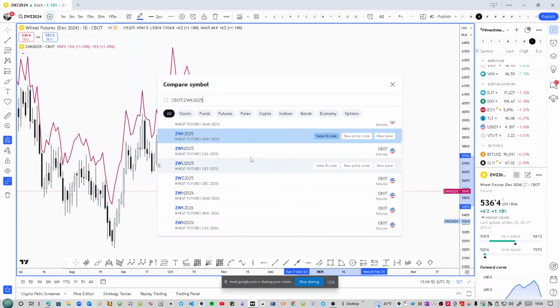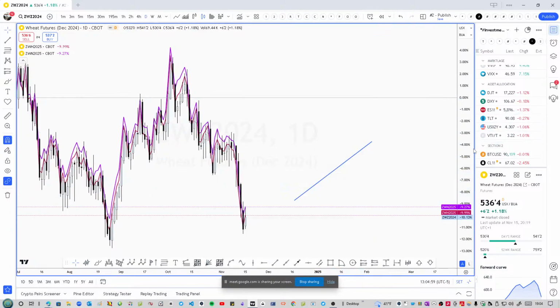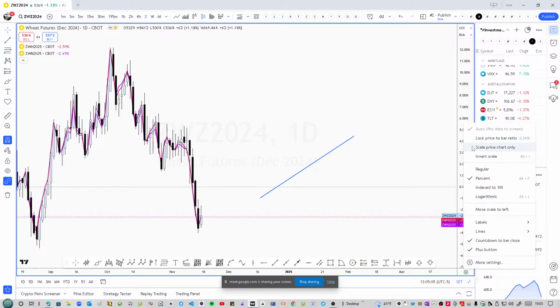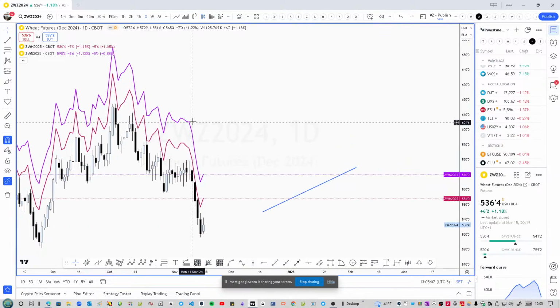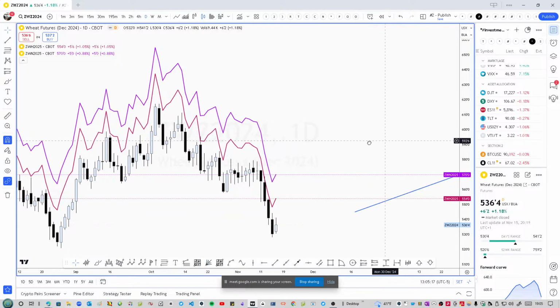So when I put on here the July contract for 2025 on the same scale, it automatically goes into percent and shows you the difference from the beginning. But we want the regular pricing. The purple line now is the contract for July next year. And what do you see here? That is at 570.